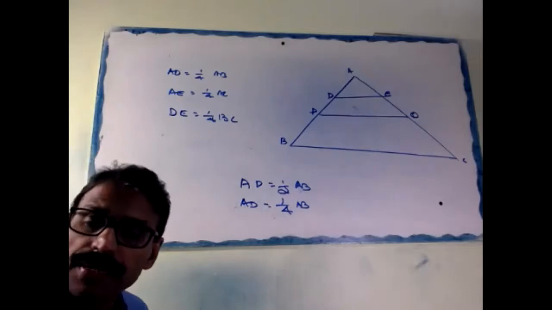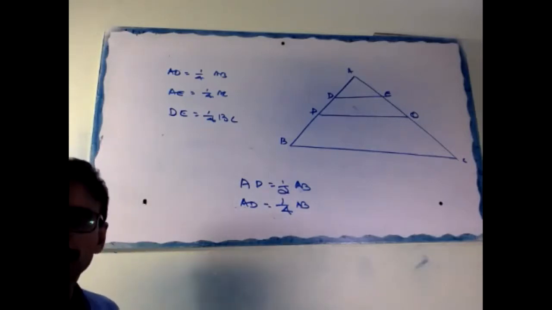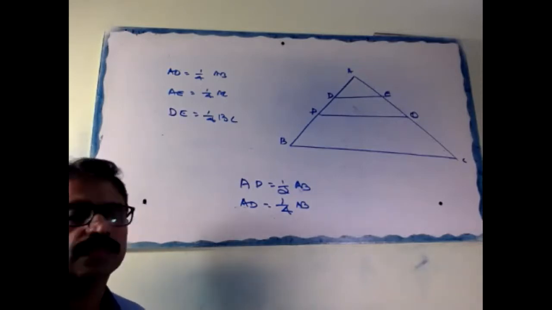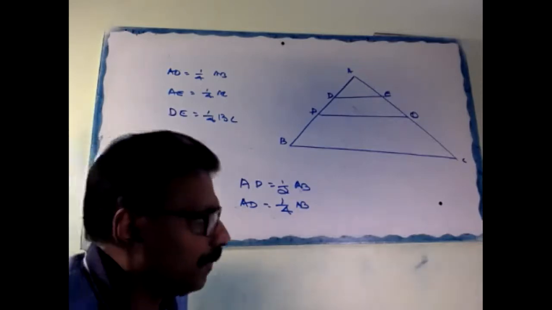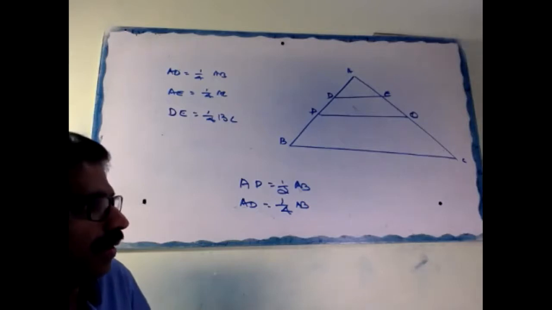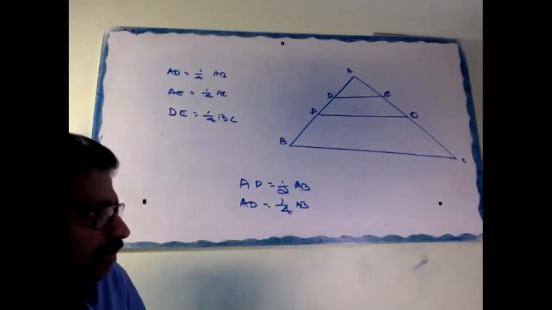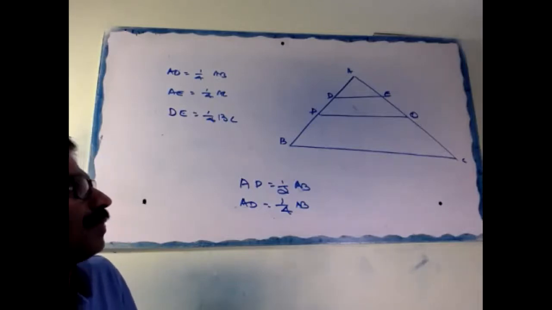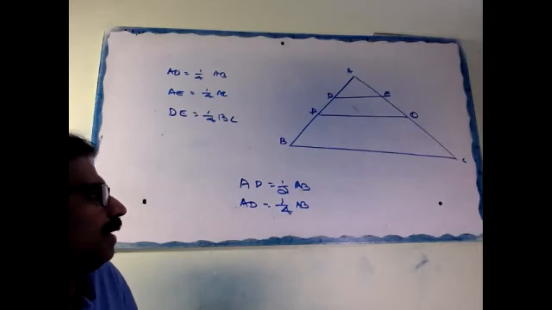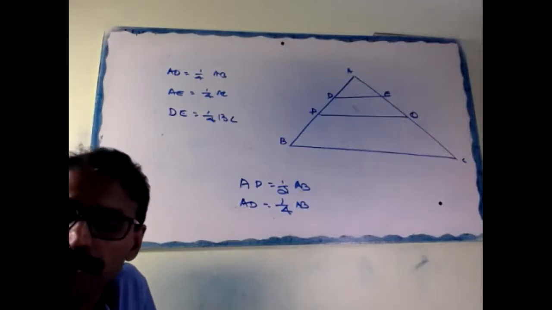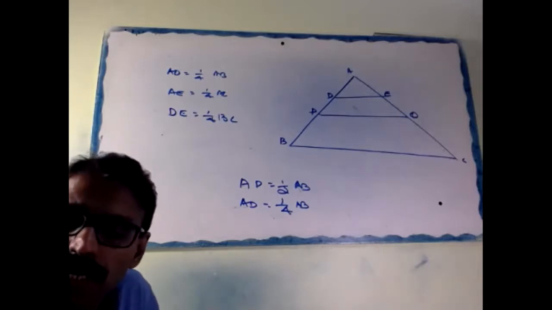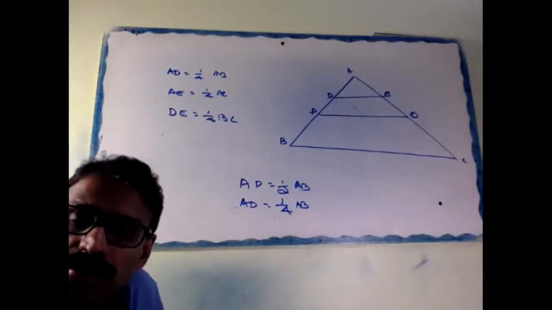What about PD then? My question is, what about PD? PD also half AB, correct or no?